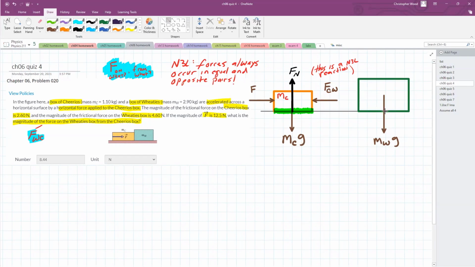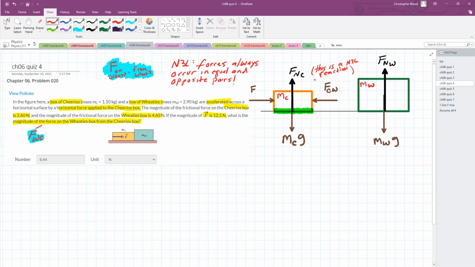This is the normal force acting on the Wheaties, so I better call this F subscript N Wheaties, and this is F subscript N C for Cheerios. Okay, and this is mass of the Wheaties.